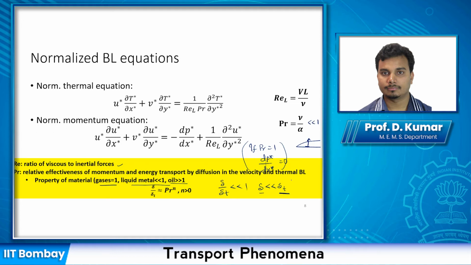This is for liquid metal. For oil it will be just the opposite. So you can see the similarity in these equations, and the Prandtl number lets you compare the two boundary layer thicknesses.